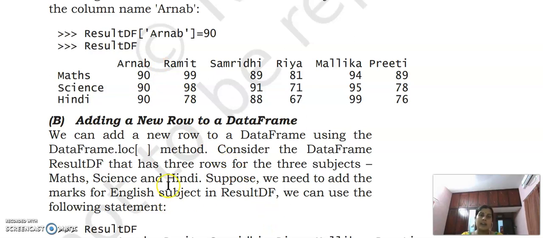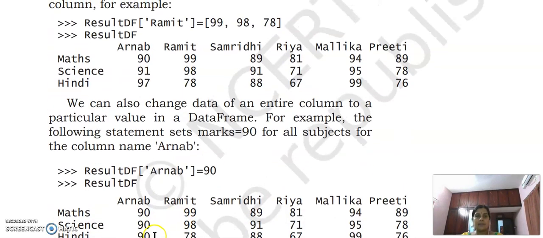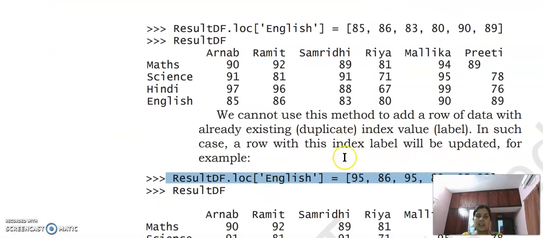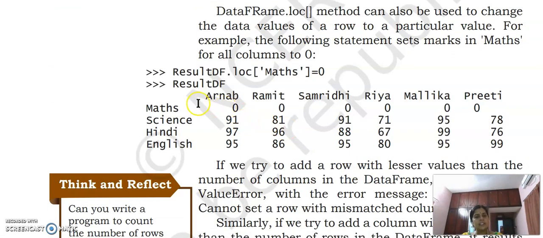That's the difference, and the remaining concept is the same. We give a single value to all columns, Arnab, Ramit, Samriddhi, so in a single row all the values are the same. For example, result df dot loc of maths, where maths is the row name, equals zero.